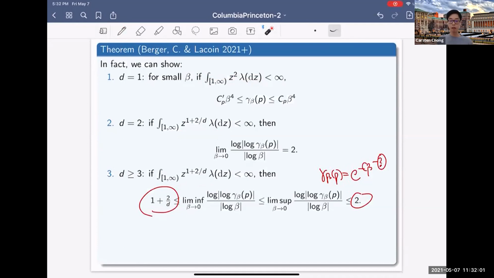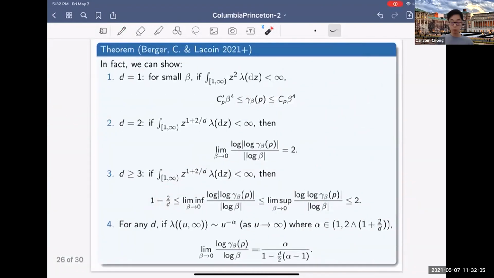In particular, if you have stable noise, you don't have this. In the stable case, it's actually much simpler. If lambda has stable tails, what you can show is that gamma beta p is roughly a constant times beta to the power alpha over 1 minus d over 2 alpha minus 1.